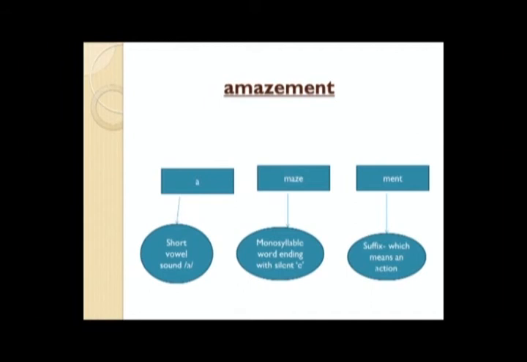The next part of the word, M-E-N-T, is a suffix, which means an action. M-E-N-T says ment. Now, let us blend the sounds together. Amazement. See, boys and girls, it is so easy to identify the word using fix-up strategies.